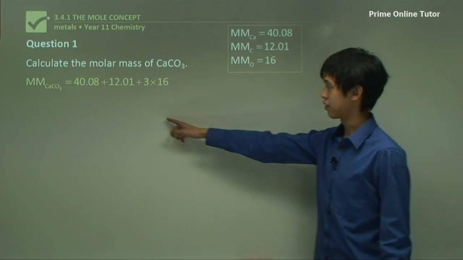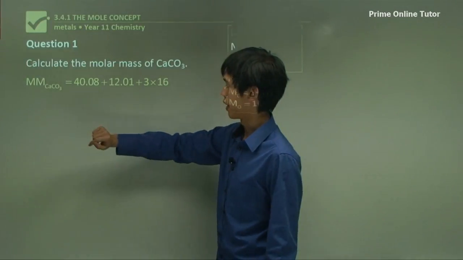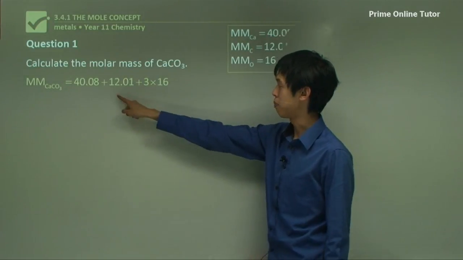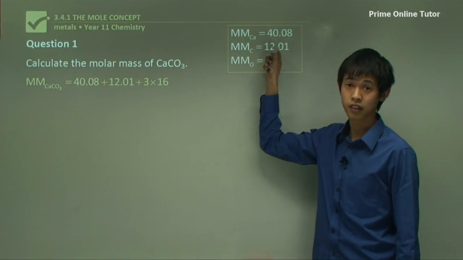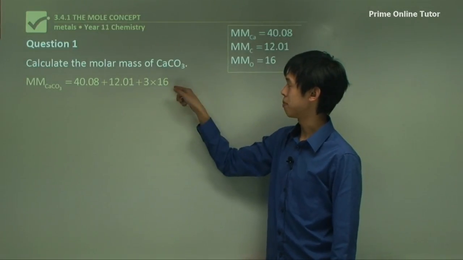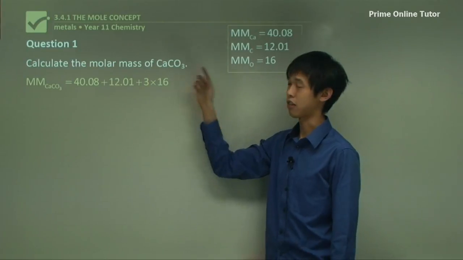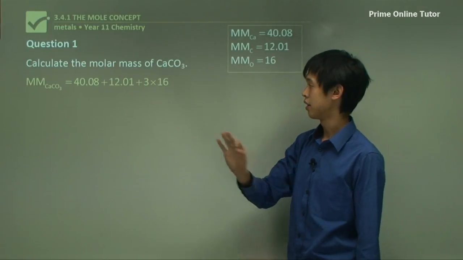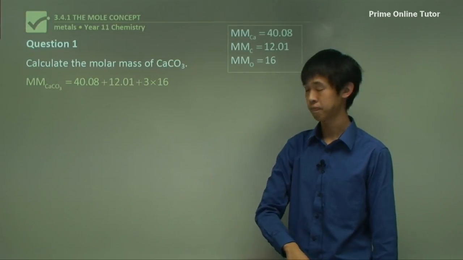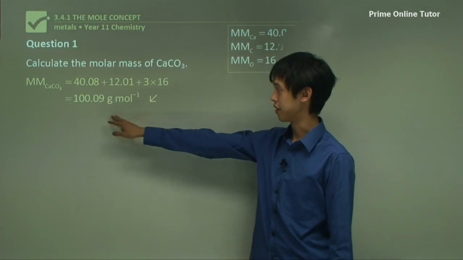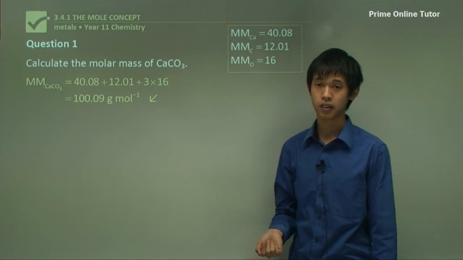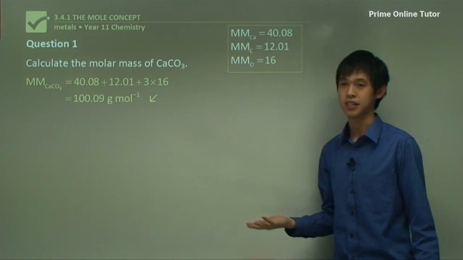So the molar mass of calcium carbonate is simply 40.08, the molar mass of calcium, plus 12.01, the molar mass of carbon, plus 3 times the molar mass of oxygen, because there are 3 oxygens. Okay? So there's 3 times 16, rather than just 16. And then that gives you 100.09 grams per mole. That's how we calculate the molar mass of something.